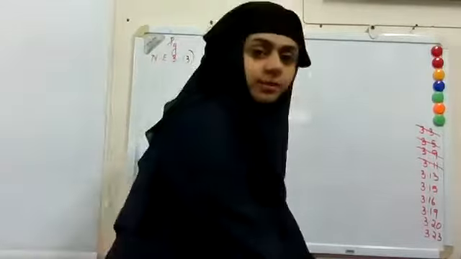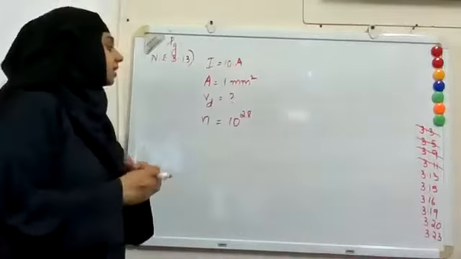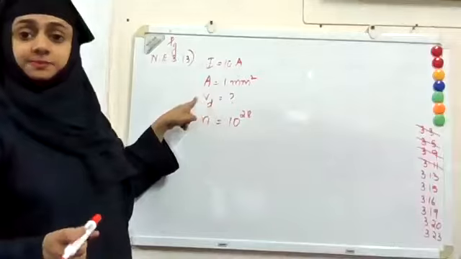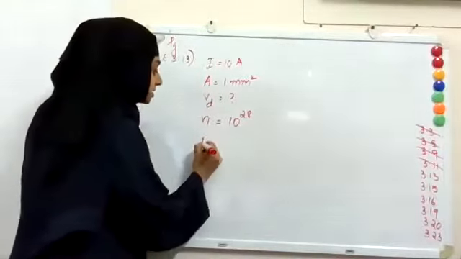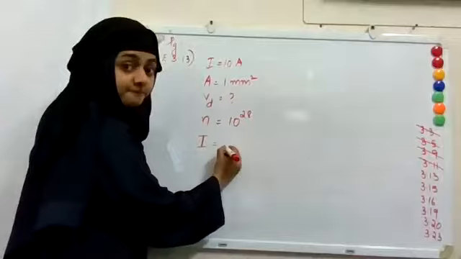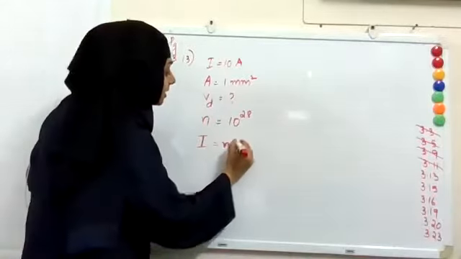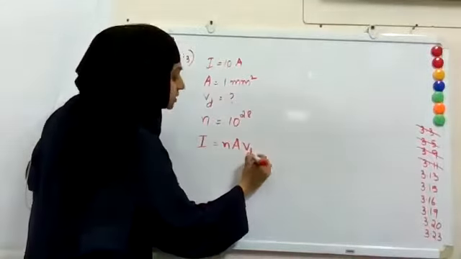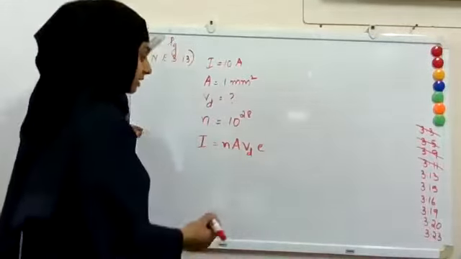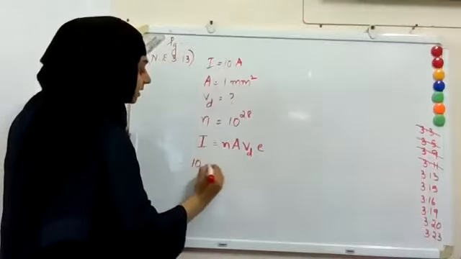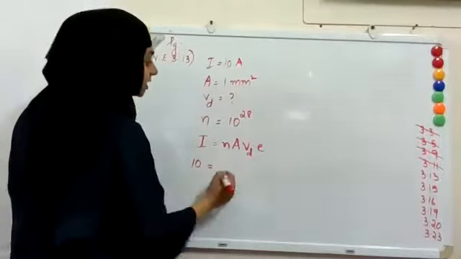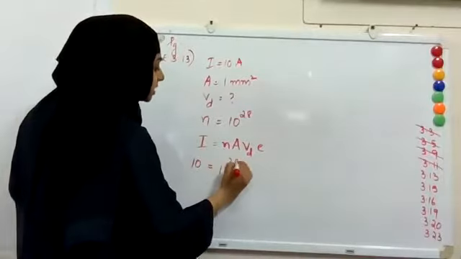Do you remember the equation connecting current and drift velocity? Yes, teacher. What is it? I is equal to nAVe, where V is the drift velocity, and e is the charge. So here you have I, 10, is equal to n, which is 10 raised to 28.